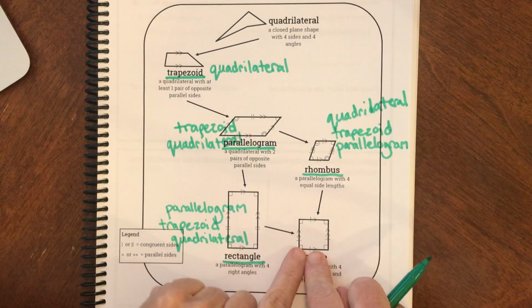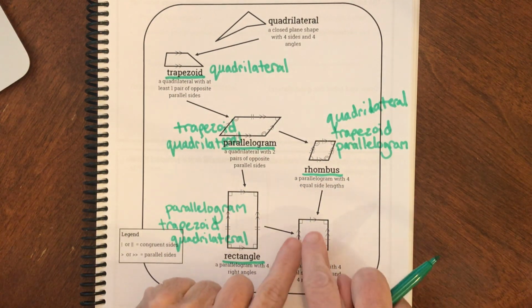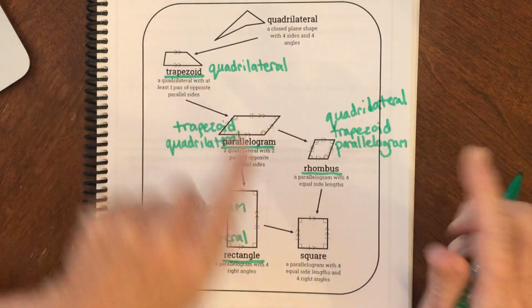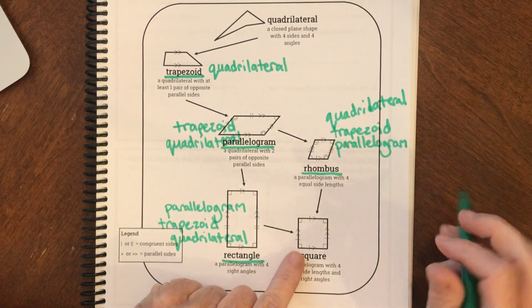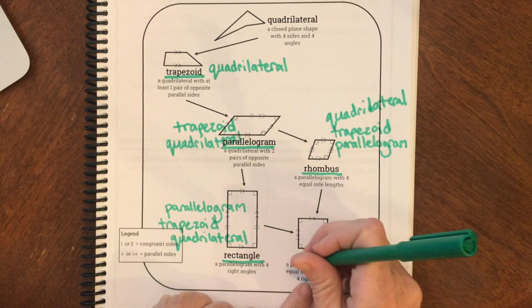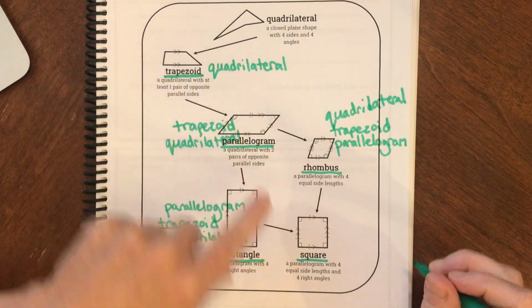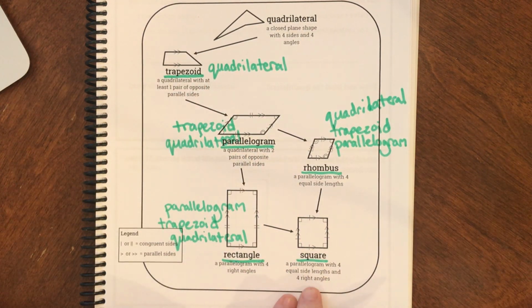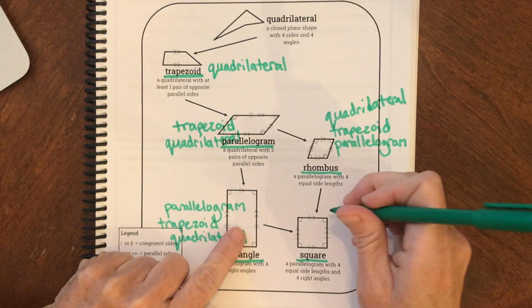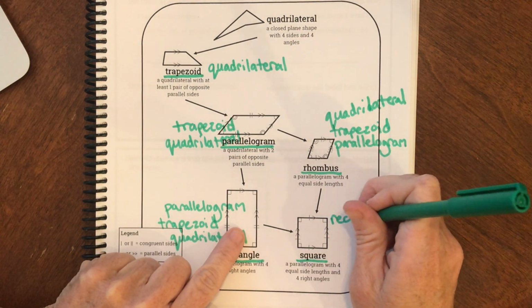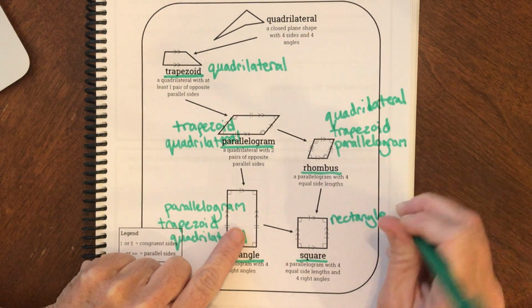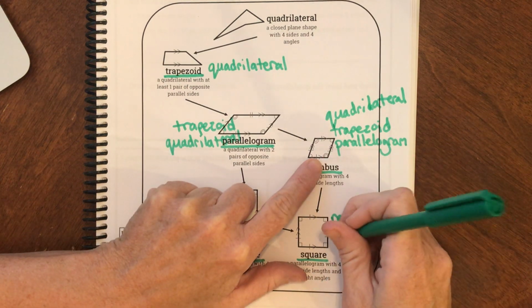Okay, our final one is a square. And look at, a square is coming from all of them. So square is like the most specific shape. It has the most rules it has to follow. It has to follow the square rules, but it also follows the rules of a rectangle. It also follows the rules of a rhombus.